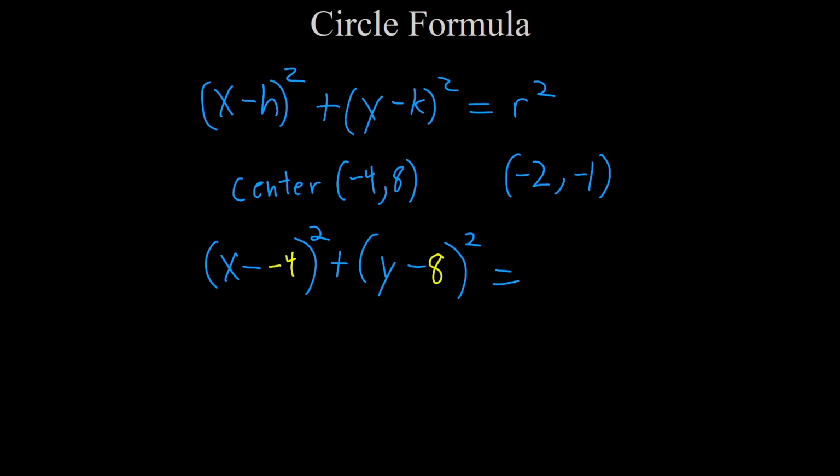To find the radius, we need to find the distance from the center to this point on the circumference. To find the distance between two points, we need to find the difference between the x values, the difference between the y values, square and add them, and then square root that result.